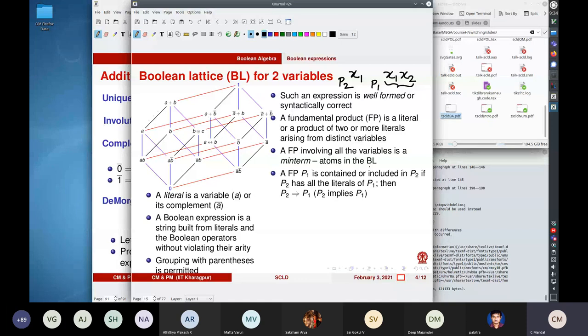So you see that P2 has all the literals of P1. Okay, one second, sorry. P1 is contained or included in P2 if P2 has all the literals of P1.